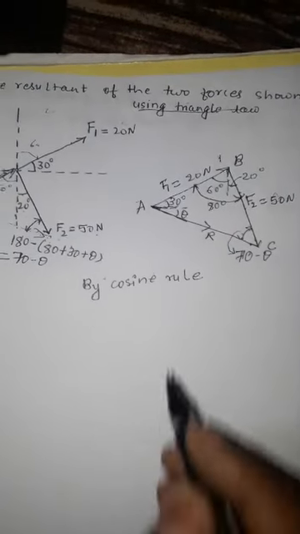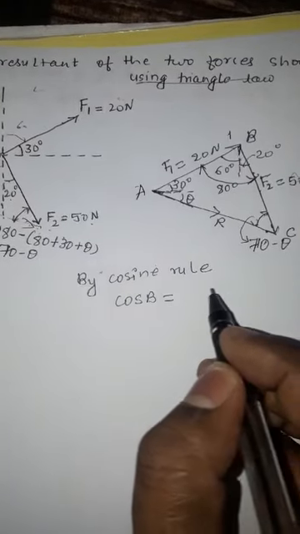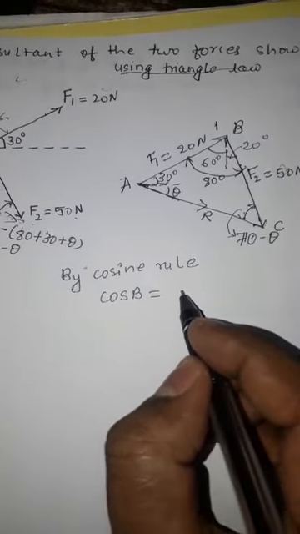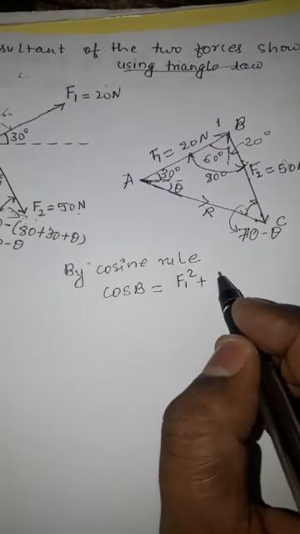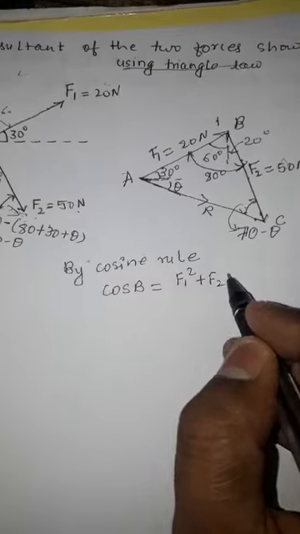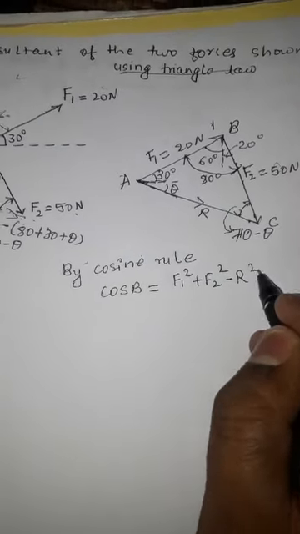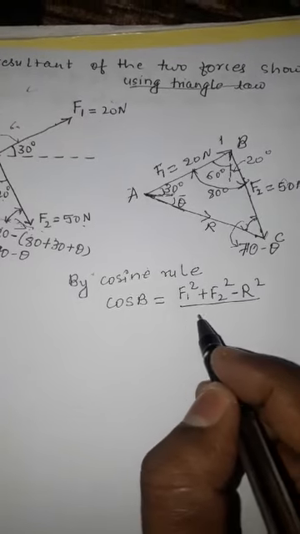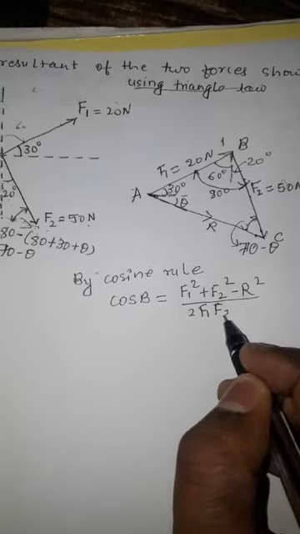So I am applying cos B. So cos B equals the adjacent side squared. The adjacent side here is nothing but F1, its square, next the second adjacent side is F2, its square, minus the opposite side squared, that is R squared, divided by 2 times F1 F2.